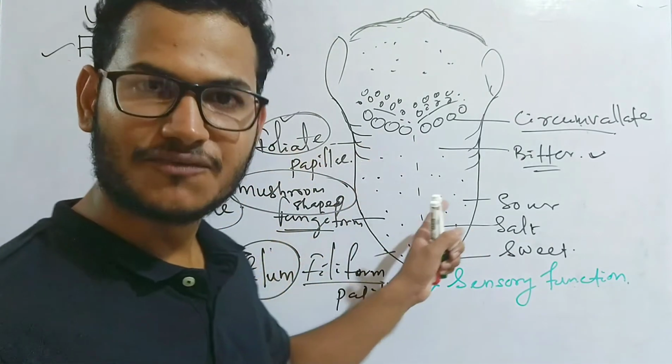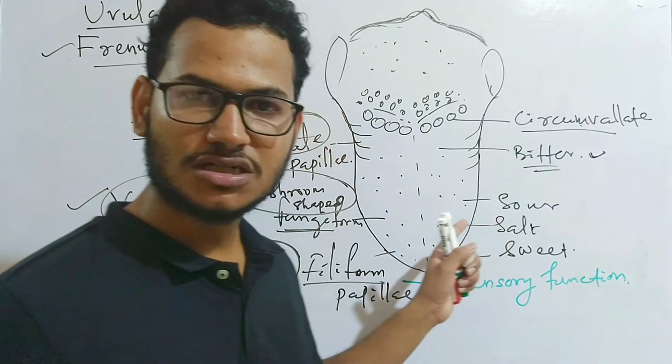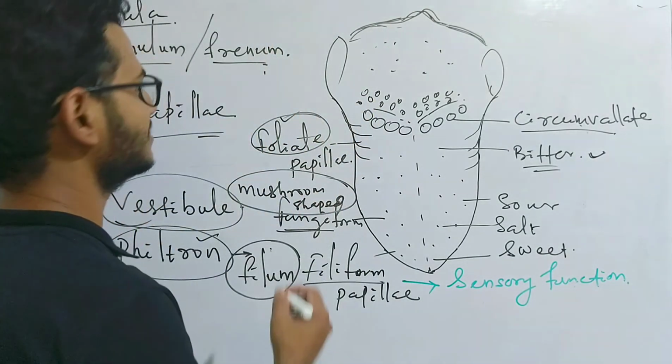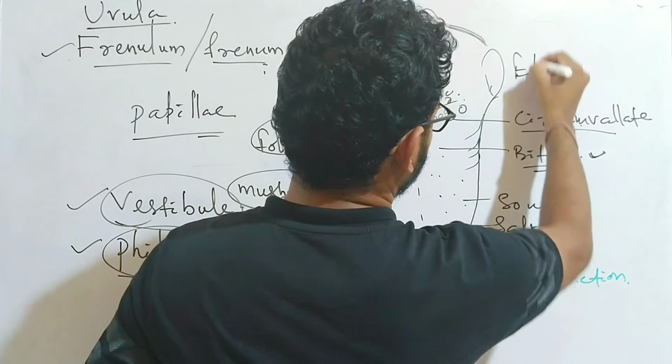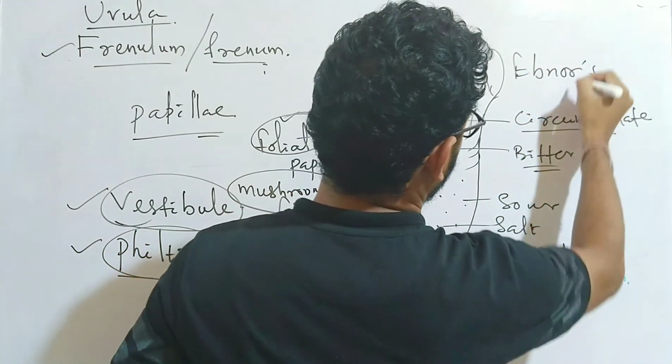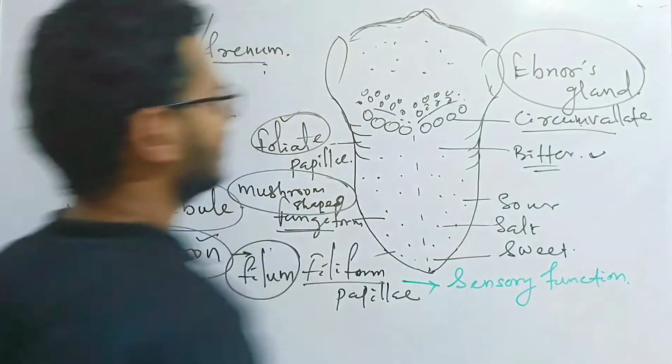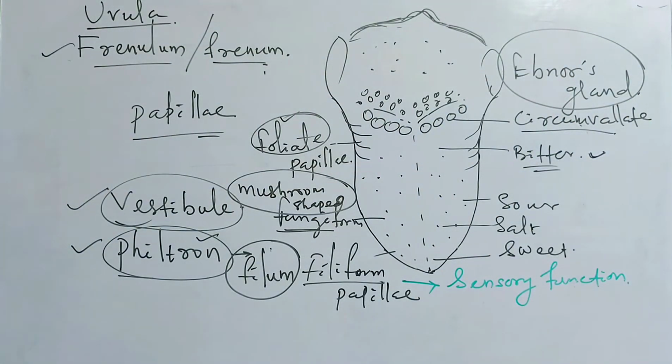Here in the floor of the buccal cavity, in the tongue, another mucus gland is present, and that is Ebner's gland. Ebner's gland is the gland present in the tongue, which is a mucus gland. It secretes mucus. So Ebner's gland is very important.